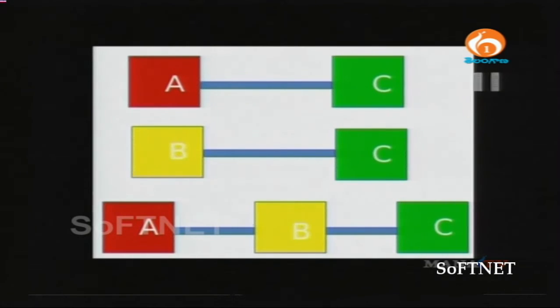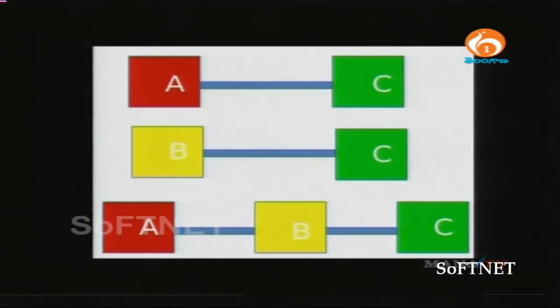Similarly, B and C also attain the same temperature. We can say that now A, B and C are all at the same temperature. It means that A, B and C are all in thermal equilibrium.